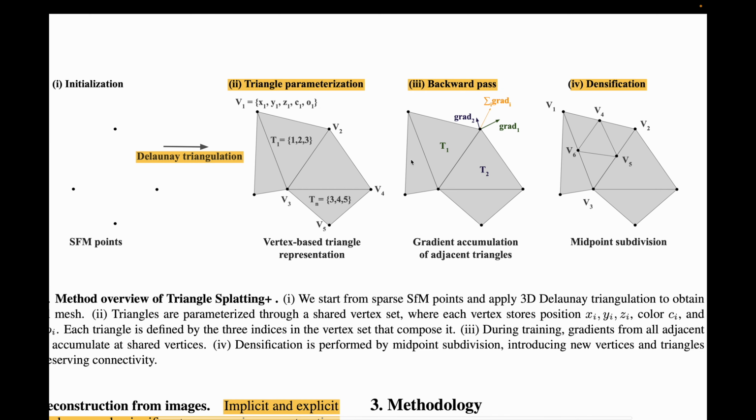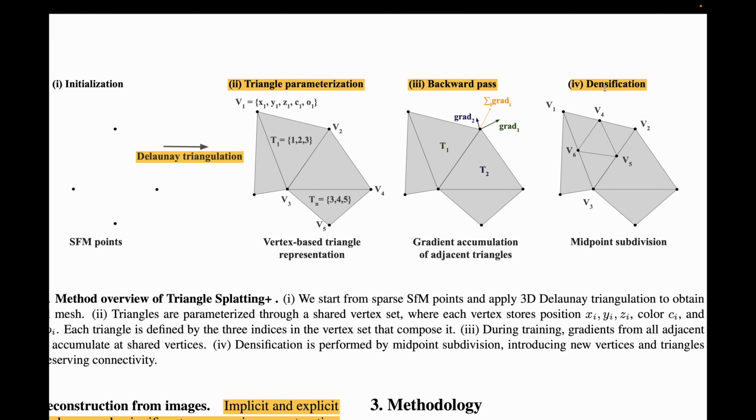They do nothing in the densification stage that will ensure that the mesh remains connected. That's why they say that at the end of the training, they will have a semi-connected mesh. Overall, most triangles are connected, but there might be holes because of the pruning, but that's fine, okay?